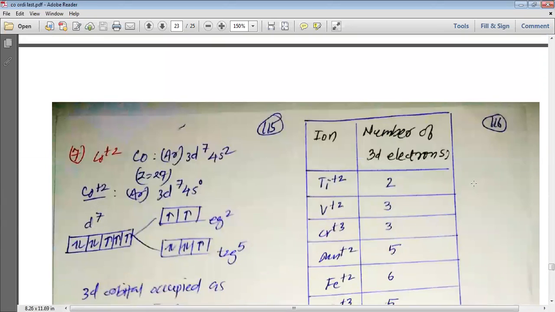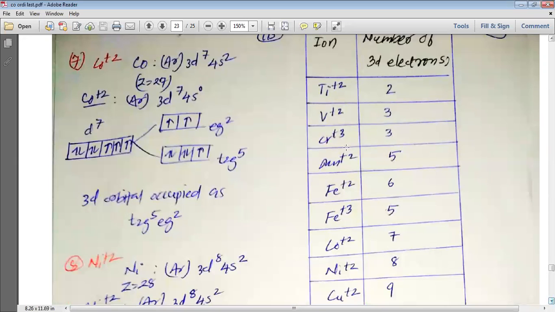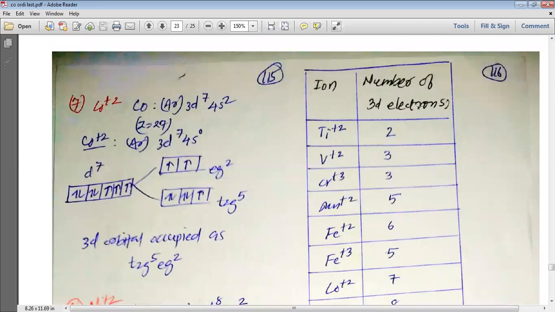Now we want to know the number of unpaired electrons. By looking at the question, we can say that Ti plus 2 has 2 unpaired electrons, vanadium plus 2 has 3, Cr plus 3 has 3, Mn plus 2 has 5, Fe plus 2 has 6, Fe plus 3 has 5, Co plus 2 has 7. Sorry, not unpaired electrons, my dear students, but the number of 3d electrons.